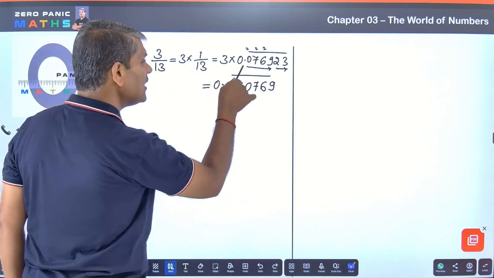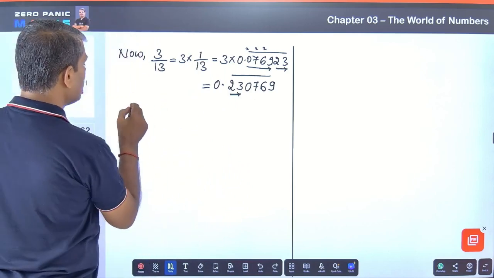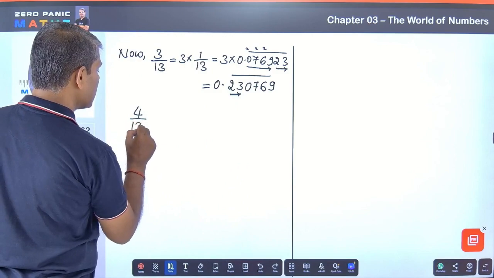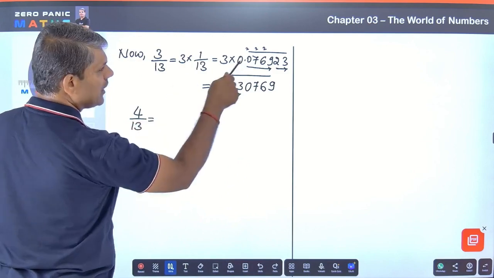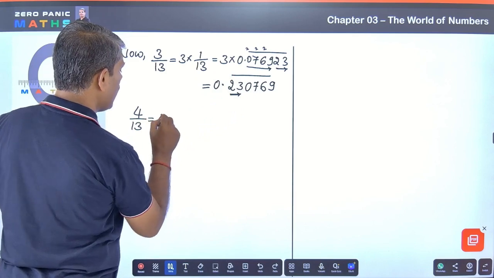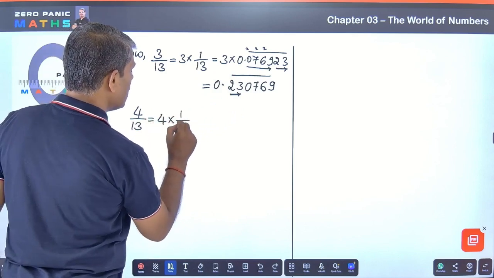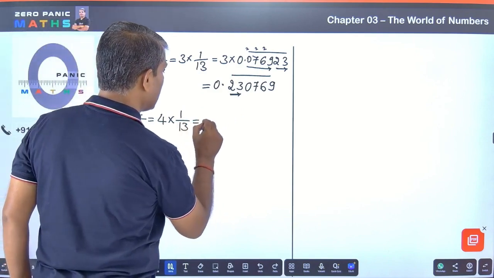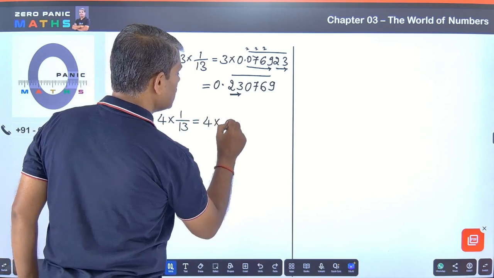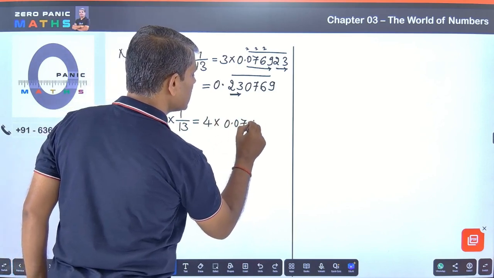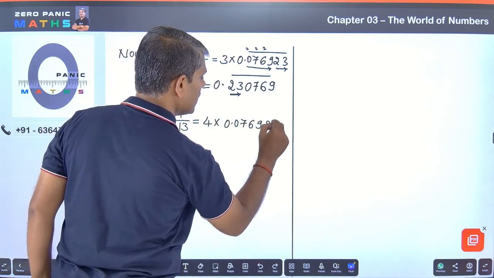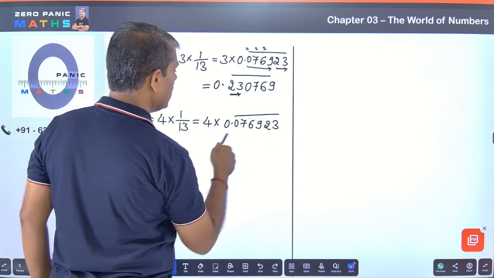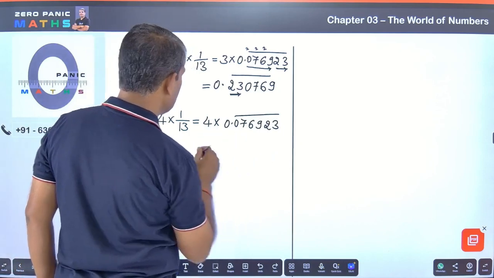Now let us calculate 4 by 13 also and see whether it also has that same cyclic property or not. So 4 by 13, I will write it as 4 multiplied by 1 by 13, which is 4 multiplied by 0.076923. Now multiply 4 to all these digits.